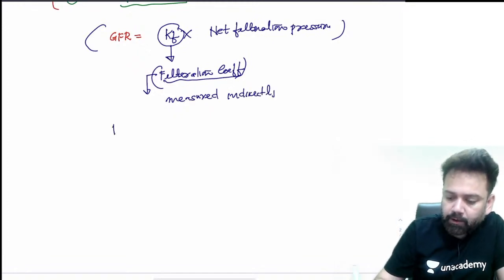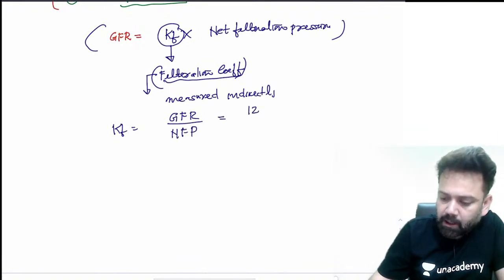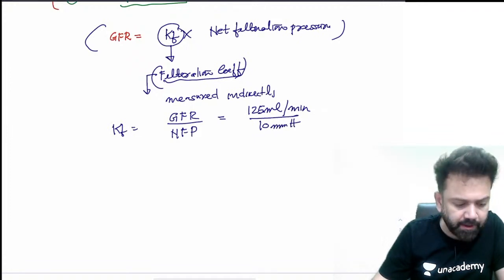How? By the simple calculation of GFR upon net filtration pressure. GFR is around 125 ml per minute, and net filtration pressure is around 10 mm of Hg.